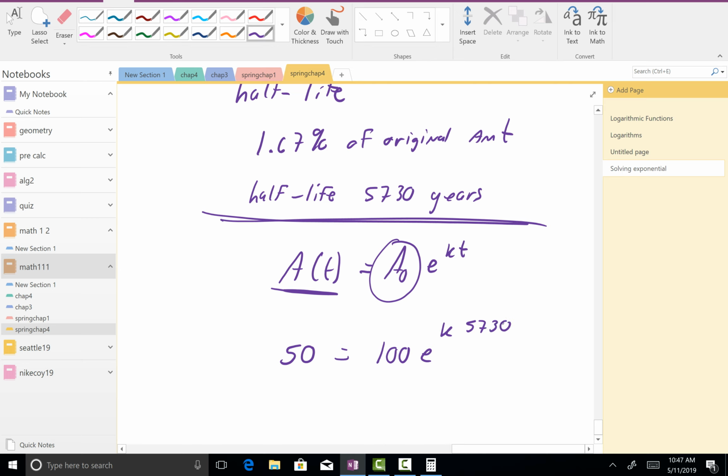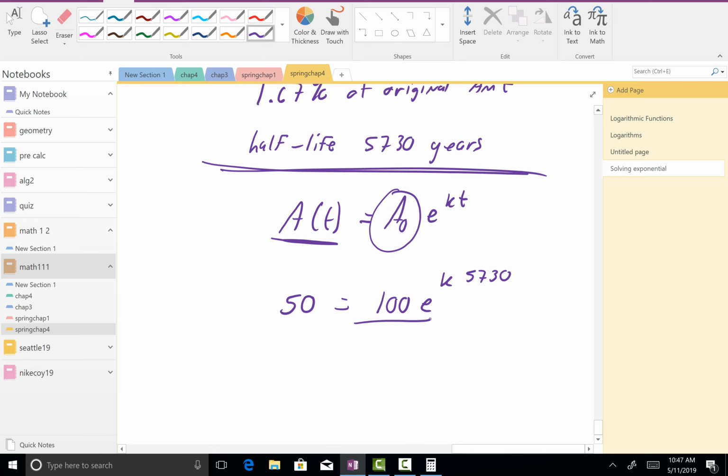So what we're saying is that the half-life of this is 5,730 years. Okay. We've got 100% of it originally, but after 5,730 years we only have 50% of it left. So this is another example of where there's a variable in the exponent.